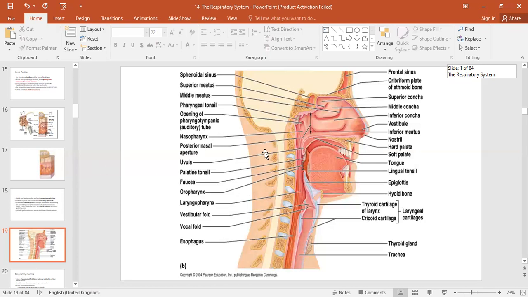Okay, so that is the nasal cavity. These three bone projections are called conchae: superior, middle, and inferior. Now, this part, the internal nasal cavity, is covered in respiratory epithelium, known as pseudostratified columnar epithelium, except for this part here, the superior nasal concha. The superior nasal concha, and part of the septum here, is covered with a different type of epithelium.